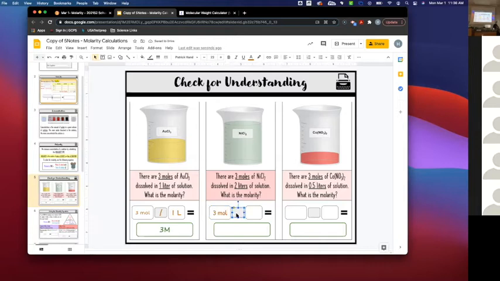Now we're just going to put the little division symbol, which is a slash. Doesn't matter which one, forward or backward. And then how many liters does it tell us that we have in the problem? 2 liters. So 3 moles divided by 2 liters. Use your phone or a calculator, whatever's handy, and do 3 divided by 2.